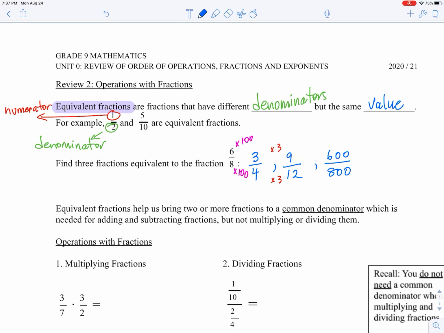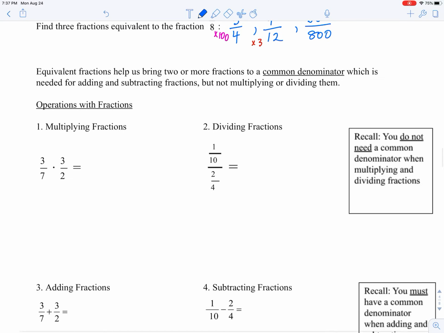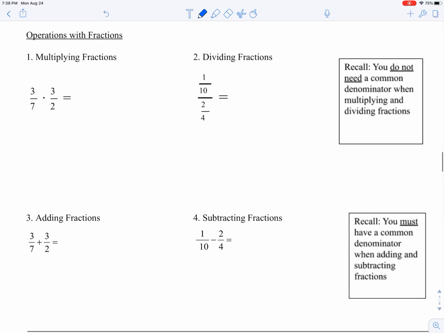We need that only for adding and subtracting. We're going to start with multiplying and dividing because, frankly, I think that's easier and we don't need the common denominator quite yet. So when we are multiplying fractions, the rule is it's going to be top times top, or numerator times numerator, over the bottom times the bottom.